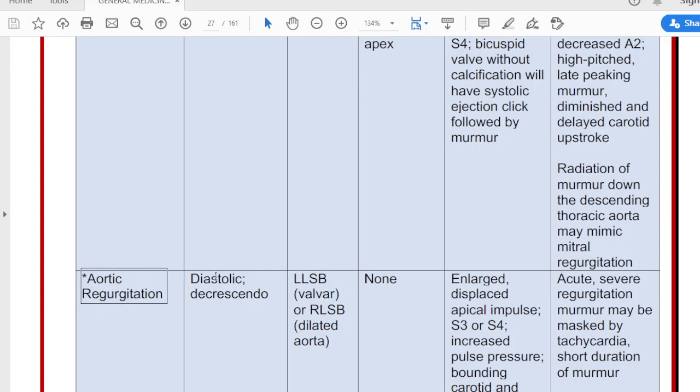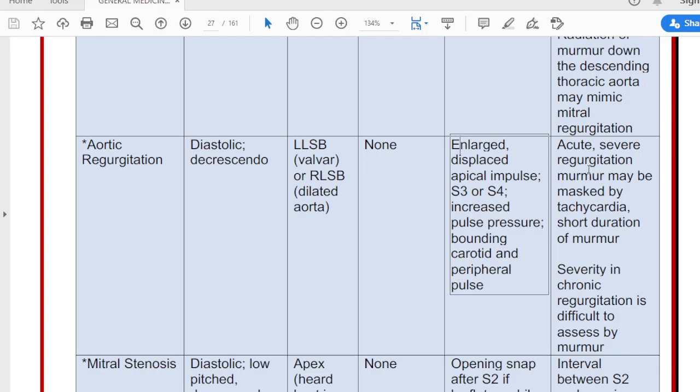Aortic regurgitation: diastolic, decrescendo, LLSB valvar or RLSB. Enlarged, displaced apical impulse, S3 or S4, increased pulse pressure, bounding carotid and peripheral pulse. Acute, severe regurgitation murmur may be masked by tachycardia. Short duration of murmur. Severity in chronic regurgitation is difficult to assess by murmur.